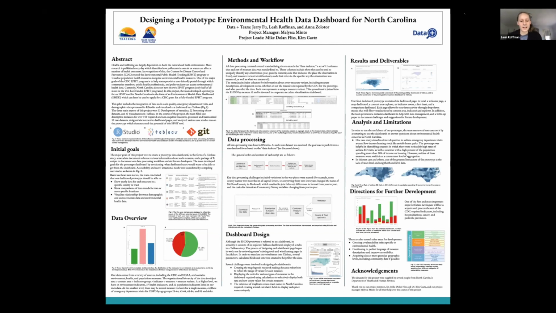And then the second aspect is the data processing. This was mostly done in RStudio. We created several scripts to process the raw data, and then we tried to clean the scripts so that they could be used in the future to update the tool annually as new data sets come in. And then finally, there's the actual dashboard design, which we did in Tableau. The actual prototype is in the form of a Tableau story, and it has 6 different tabs.